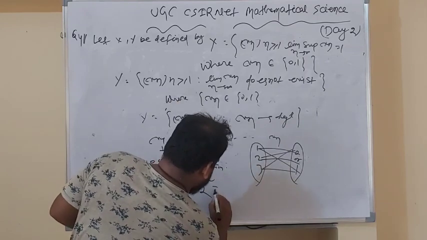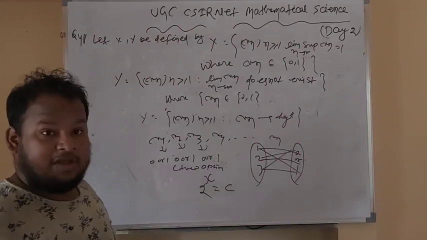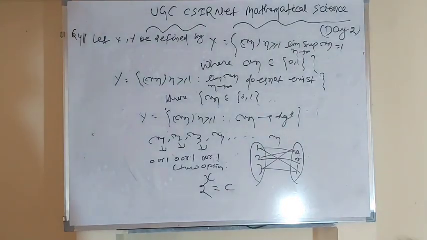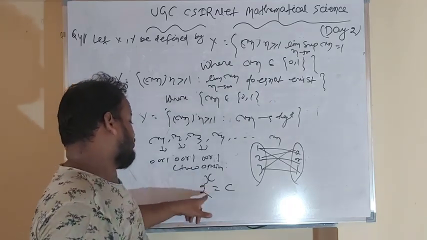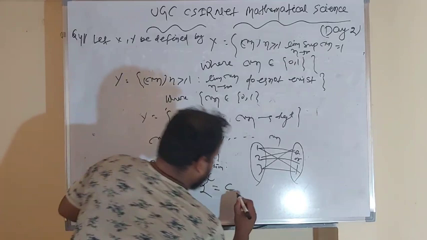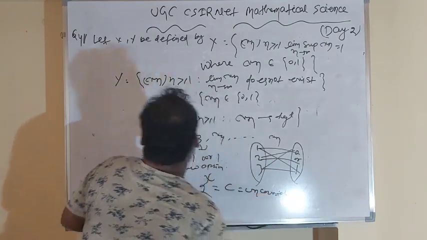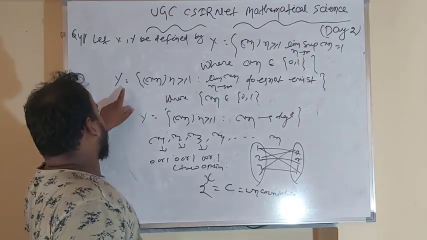Now we have the formula 2^ℵ0 equals c, which is an uncountable set. That means x is an uncountable set, and y is an uncountable set.